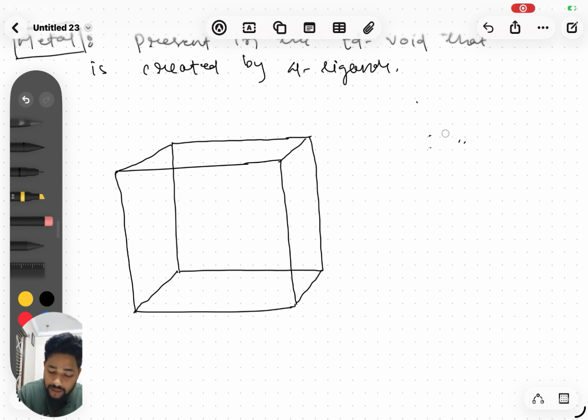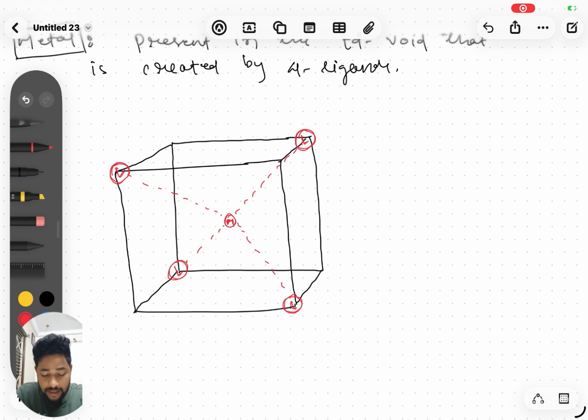In this cube, this is your metal, that is present in the tetrahedral void created by these four ligands. These all are ligands.